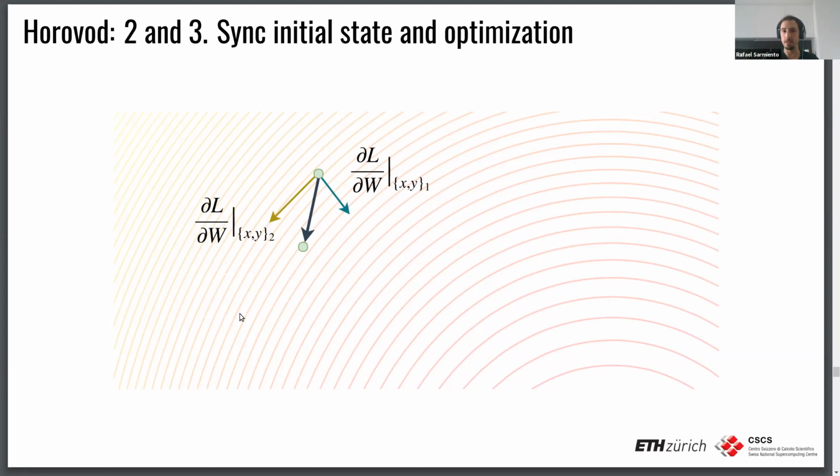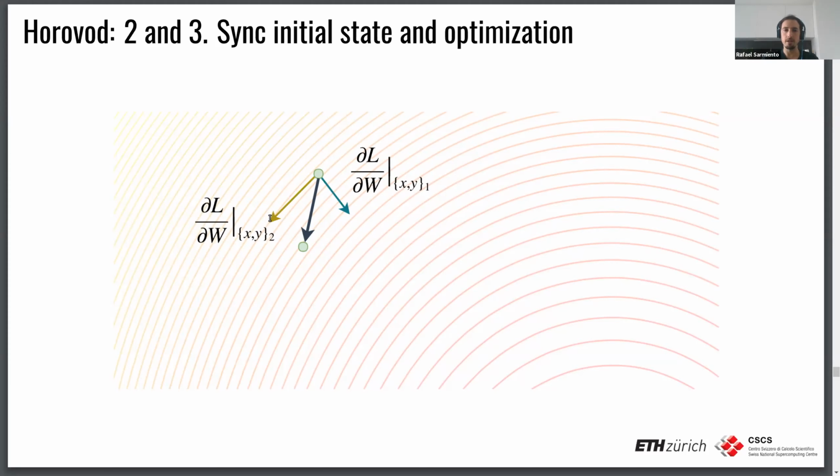So you will get a different path with the same data if you do it in a single node, or in multiple nodes with this synchronous distributed algorithm. And that can modify the convergence. Not necessarily will it make it worse, because otherwise we were not going to teach this. But it can be different. So you always have to pay attention and be aware that it's not the same algorithm when you run it in multiple nodes. You are changing the algorithm.